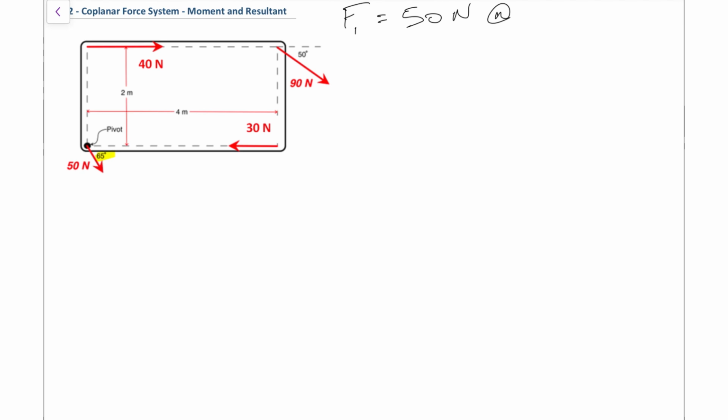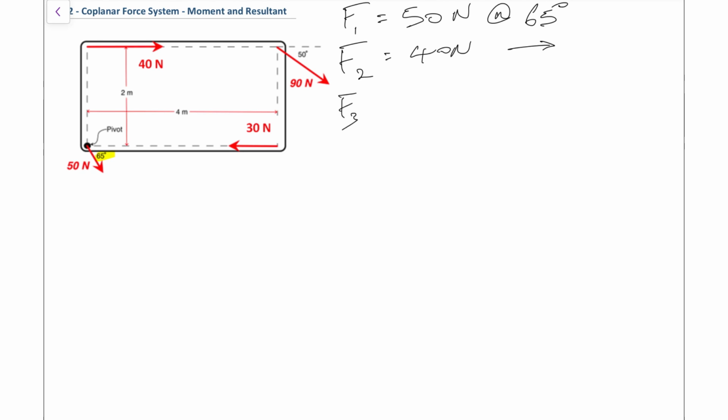So 50 newtons at 65 degrees, just to be clear. And then we are going to label F2 as 40 newtons. That 40 newtons is just simply going to the right. So it's at 180 degrees, but we don't use that as an angle for now.